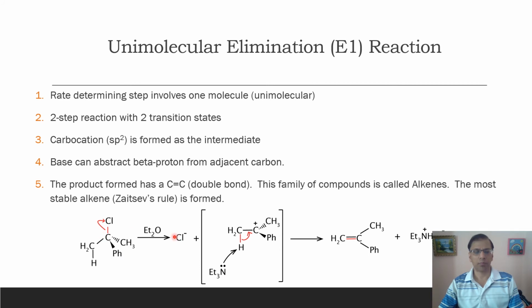A carbocation is first formed by loss of the chloride. This carbocation is planar, and then a triethylamine molecule, which is a base, will abstract the proton. The proton is on a beta carbon. This is the beta carbon atom. The carbon atom next to the carbon bearing the positive charge is called the beta carbon, and an alkene is formed. So the most stable alkene is formed.